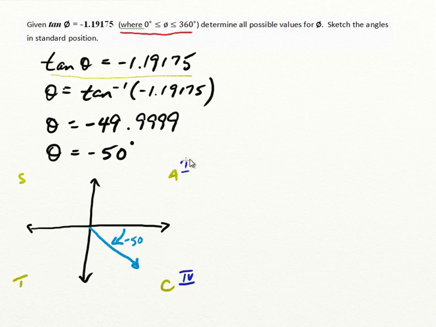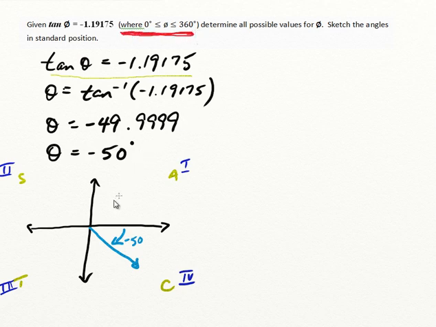This is 1, and we've got 2 over here, and 3 down here. That would match quadrant 4 because cosine is the only trig ratio that is positive in quadrant 4. So the tangent ratio would be negative, and that does correspond with an angle in quadrant 4.